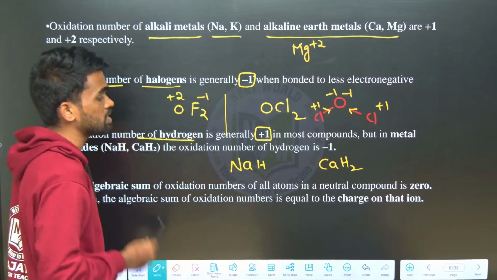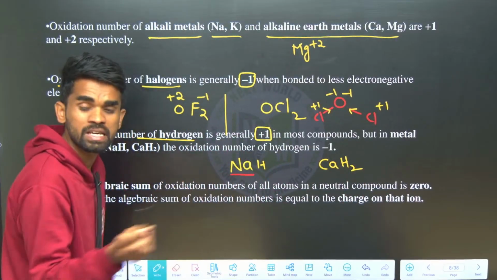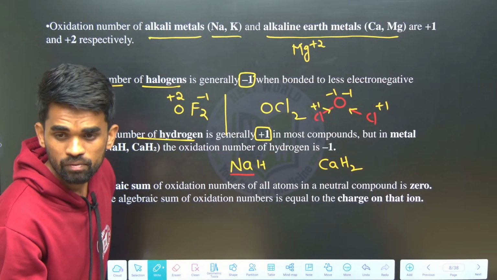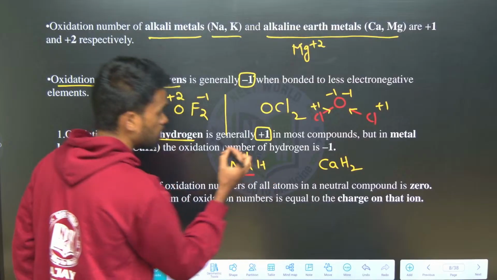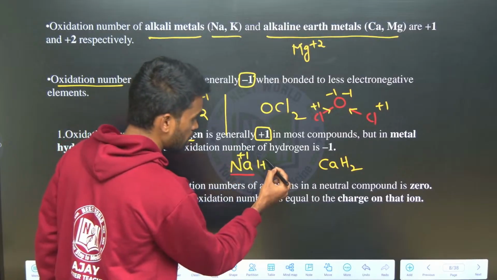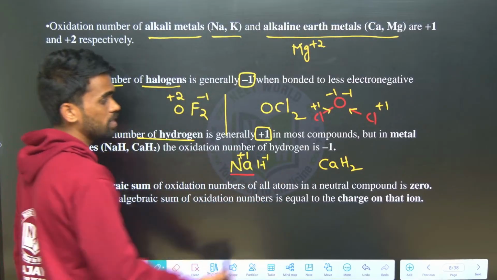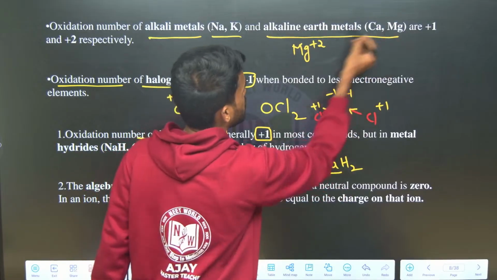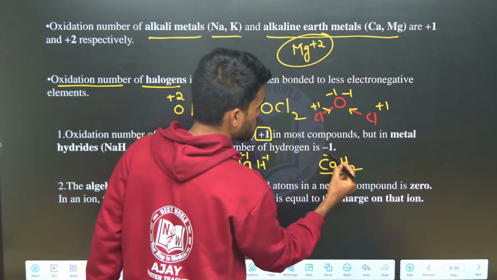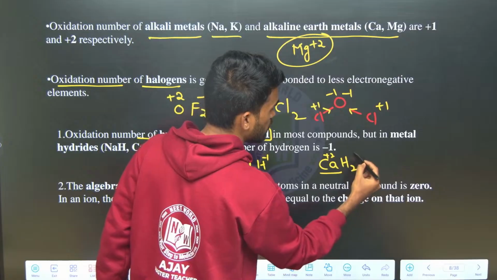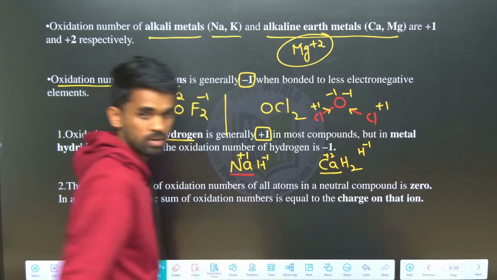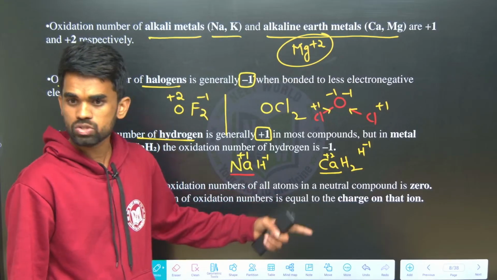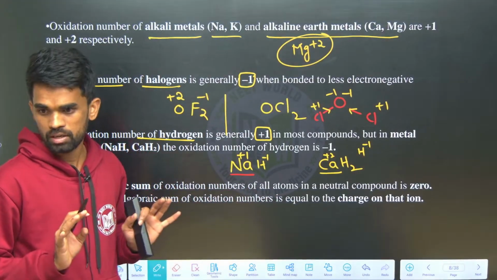In this case we know alkali metals always have a fixed value of +1, so hydrogen will be -1. Here calcium, alkaline earth metal, how much did I tell you? +2. It means each hydrogen will be -1, two are there, so -2. Overall the molecule is neutral.